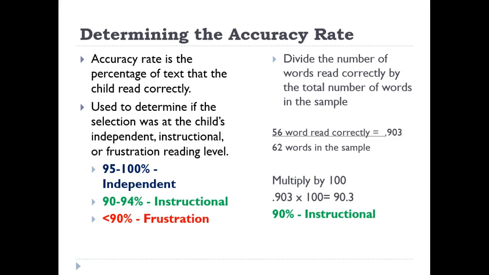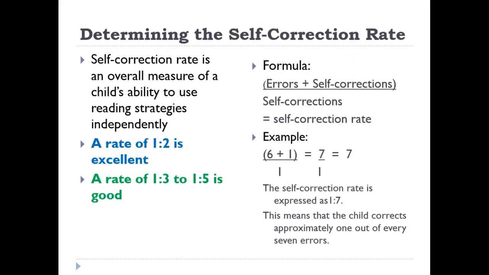So you have 2 options here. You can use the calculation and conversion table along with the error rate, or you can calculate without using the error rate by using this formula. Moving on to determining the self-correction rate, there is a formula for that as well.